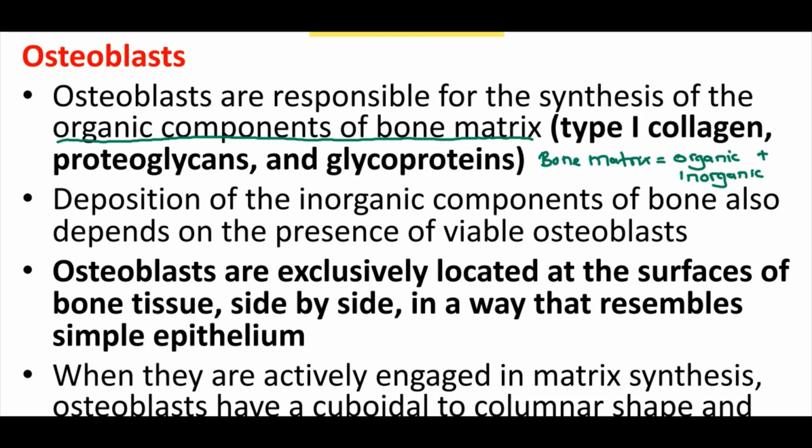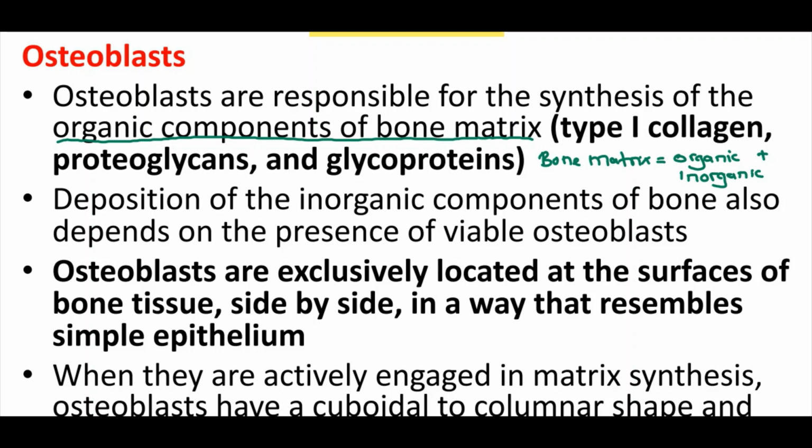So there are three constituents of the organic components of the bone matrix, which are produced by the osteoblasts: type 1 collagen, proteoglycans, and glycoproteins.